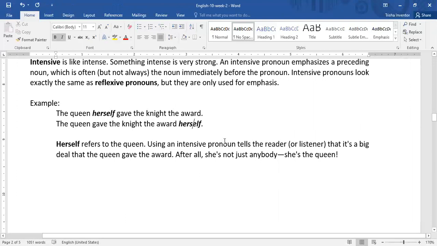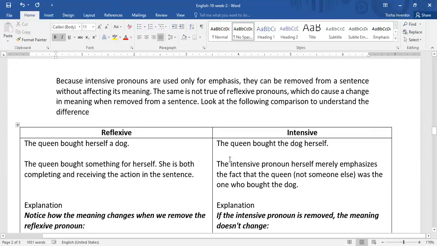Siya mismo. All right, and then here, because intensive pronouns are used only for emphasis, they can be removed from a sentence without affecting its meaning. But when you remove reflexive pronouns in a sentence, it causes a change in meaning.